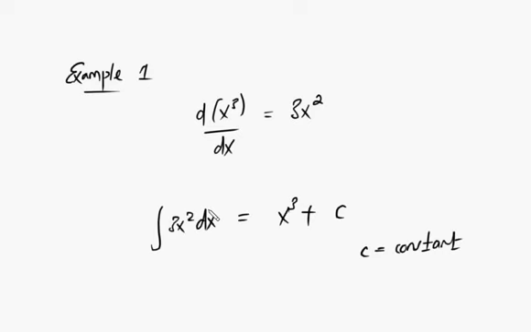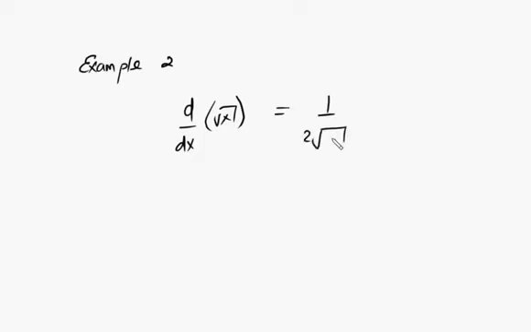So you can see there that integration is the inverse of differentiation. Okay, so it's just like that. When you differentiate the square root of x, you get 1 over 2 the square root of x. So it means when you integrate now 1 over 2 the square root of x with respect to x, I'm just going to get the square root of x.